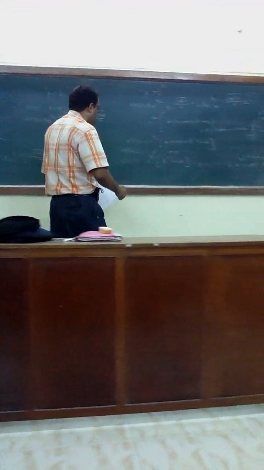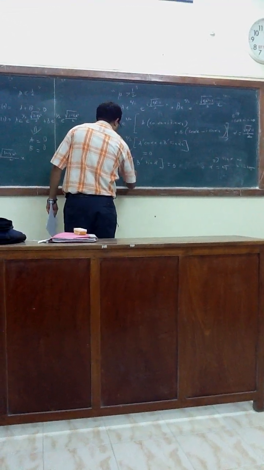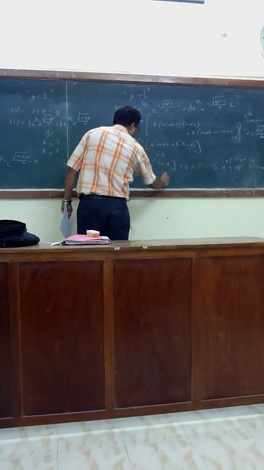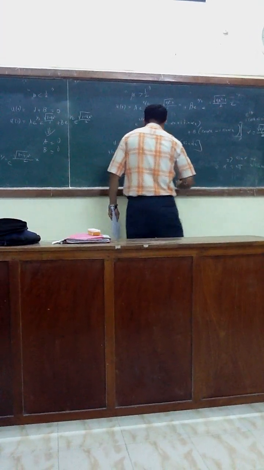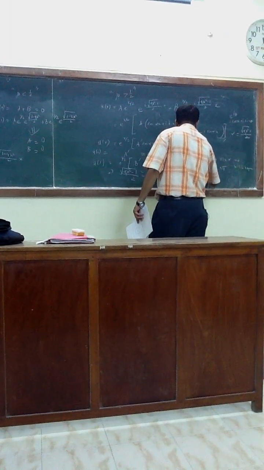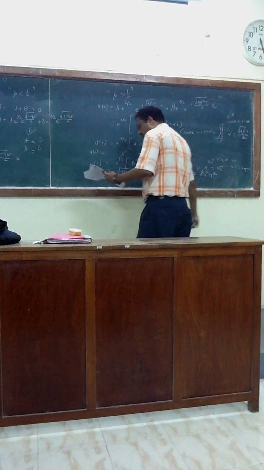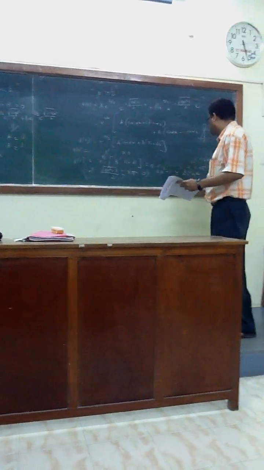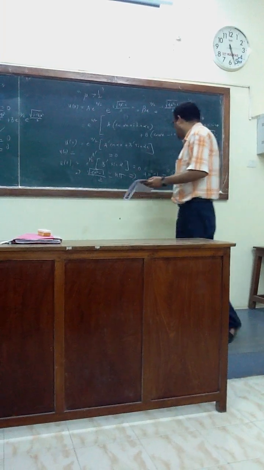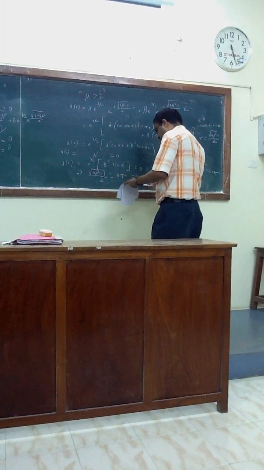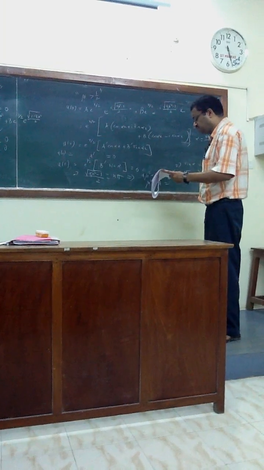Alpha is n pi, meaning the square root of 4 mu square minus 1 by 2 equals n pi. That means 4 mu square minus 1 is nothing but 2 square n square pi square. Am I correct? Yes or no? Yes? What is mu square then, which is lambda? What is mu square then?